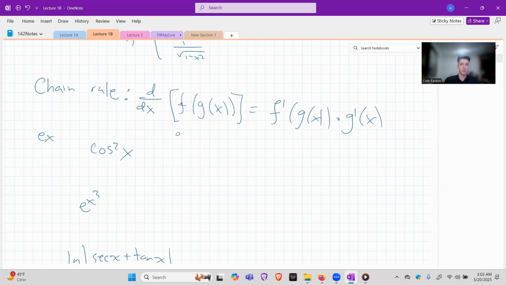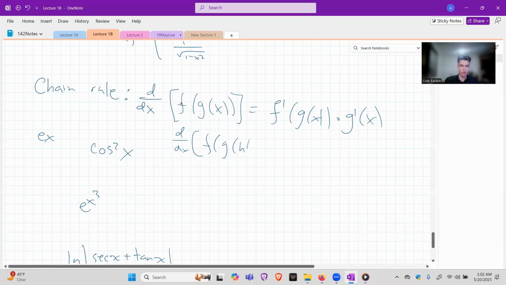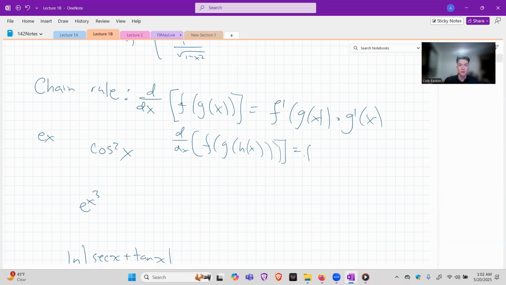So maybe I'll just write d dx of f of g of h of x, okay, close my g, close my f, close my braces. So that would be f prime of g of h of x times g prime of h of x times h prime of x. Now this is maybe a little bit abstract, and I think it'll be pretty clear how this works with our examples here.